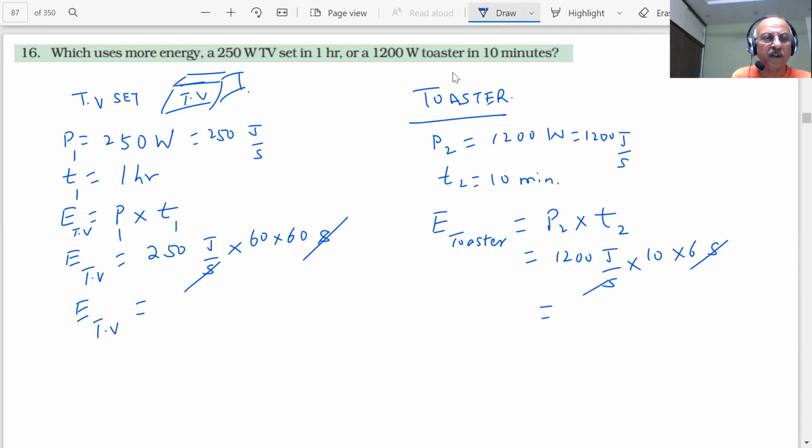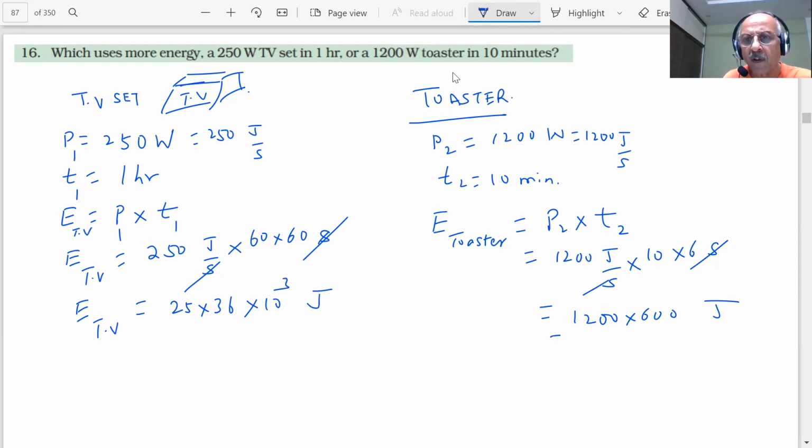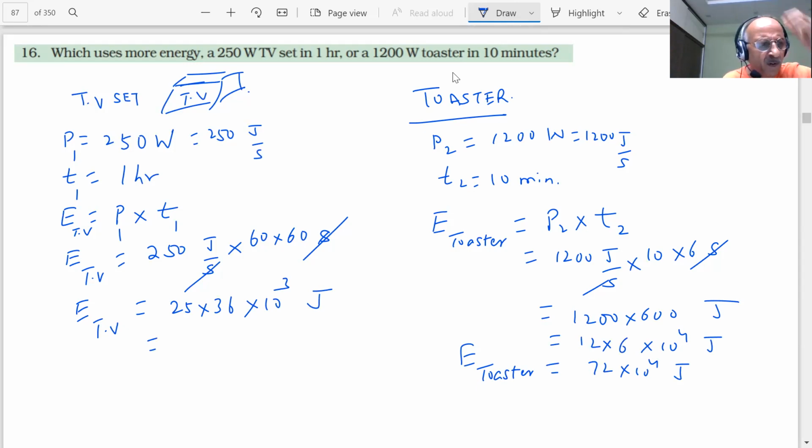Find the two values and compare. How much is it coming? 1200 into 600 joules. How much is this? 25 into 36 into 10 power 3 joules. 12 into 6 into 10 power 4 joules. So that is 72 into 10 power 4 joules for the toaster. How much is this coming? 25 into 36.